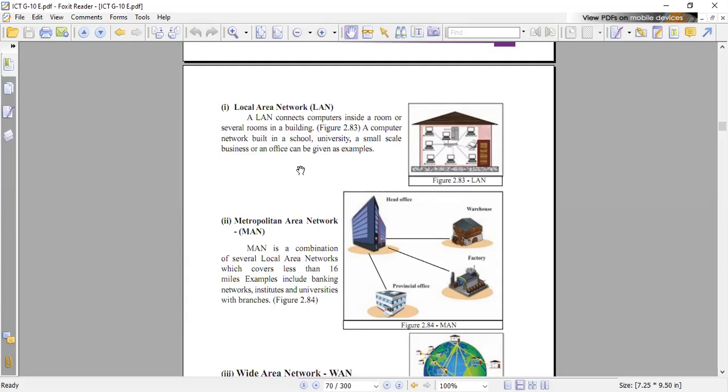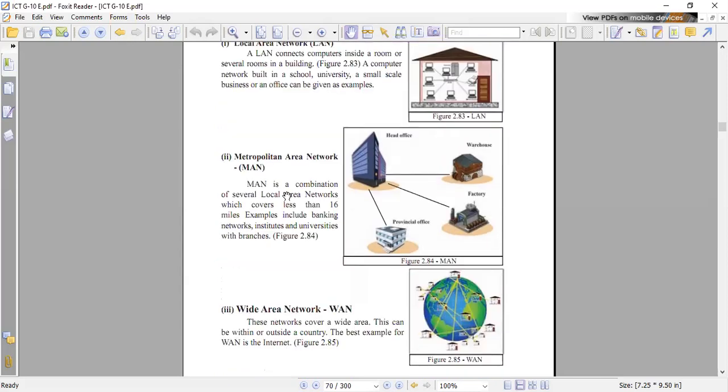The second one, metropolitan area network. Metropolitan area network. Under that, write down.